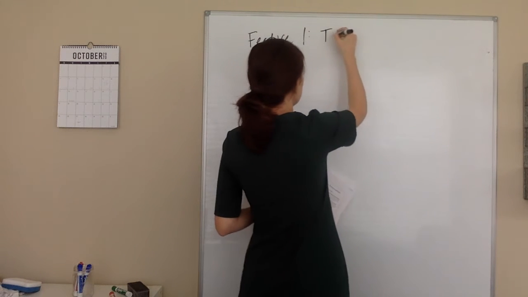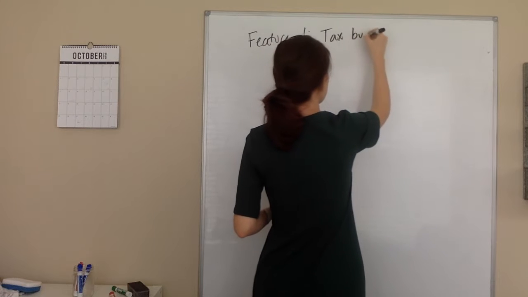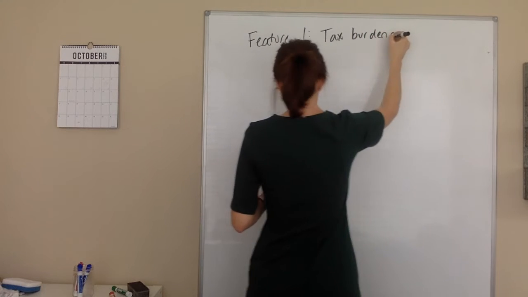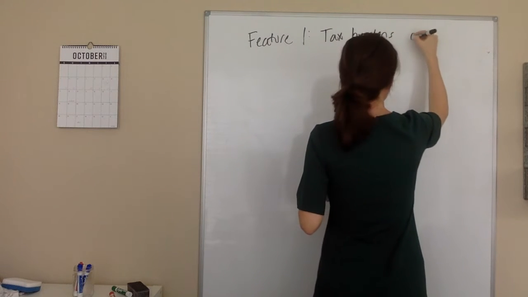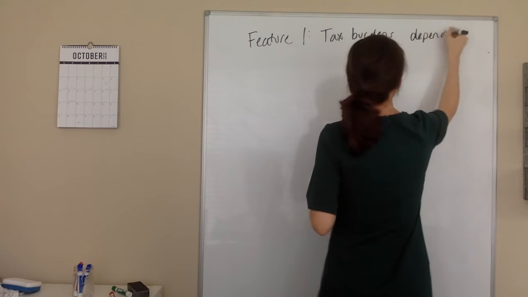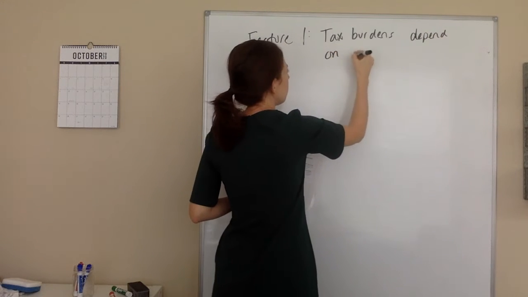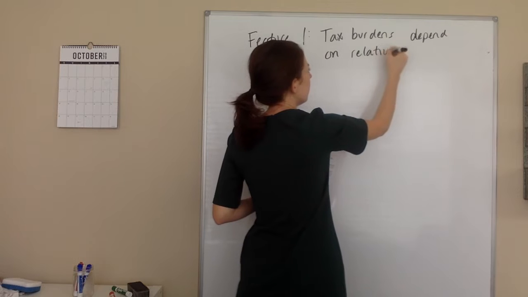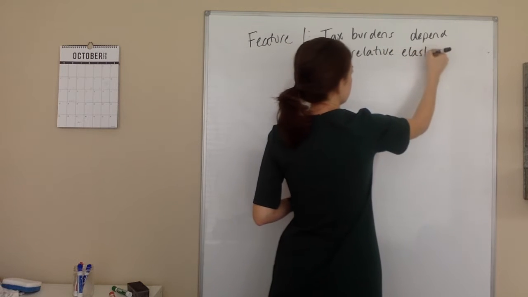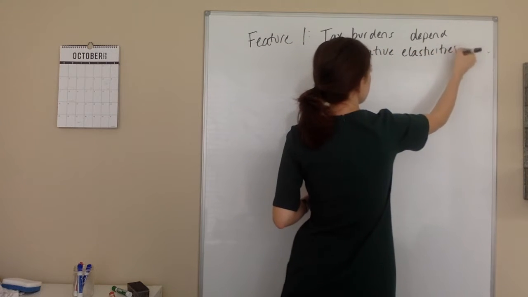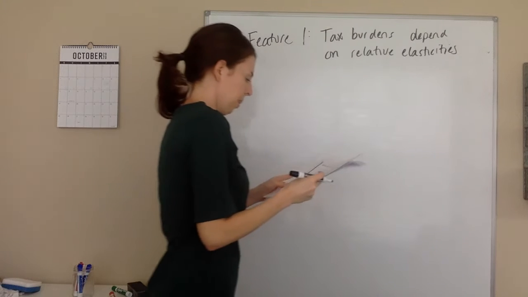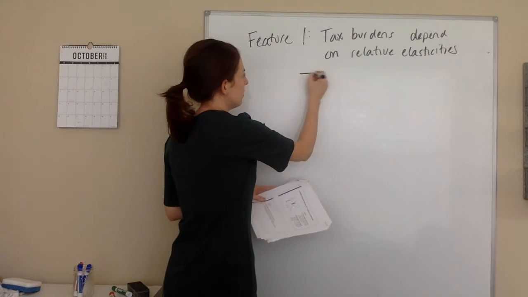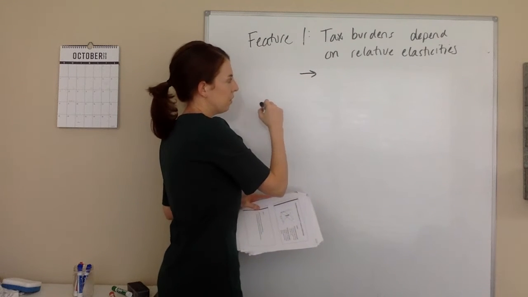So tax burdens depend on relative elasticities. And then underneath this, I'm going to put the specific relationship.